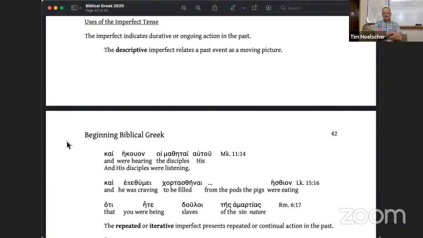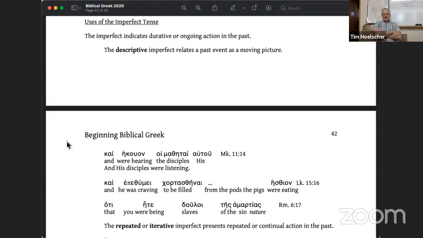So we've got two things here. He is in the process of craving to be filled from the pods that the pigs were eating, which is kind of the imperfect there, means he's being hungry at the same time that he's watching these pigs eating this food. Going, man, I'd like to just reach it. I can't ever imagine my wanting to eat slop.